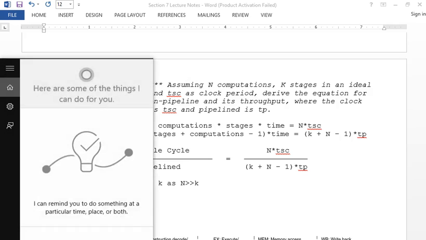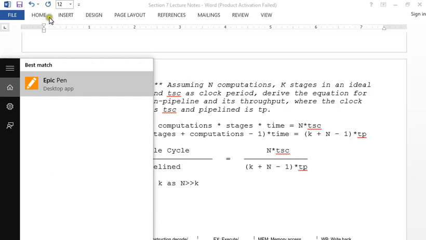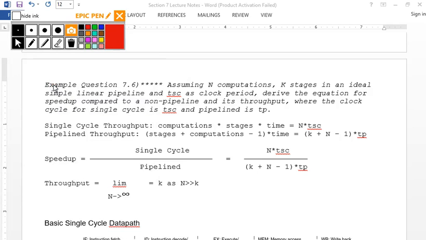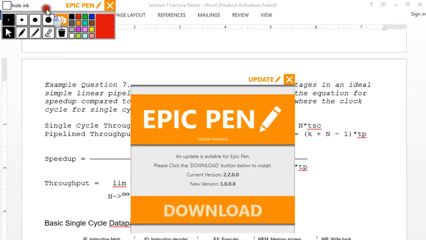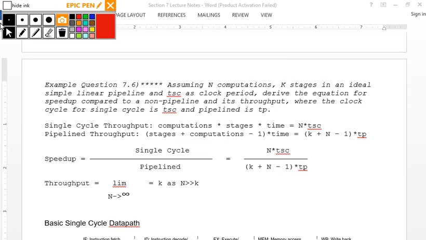So let me give my spiel on how this works. We have our first instruction, right? Instruction 1 goes through fetch, decode, execute, memory, and write back, correct?